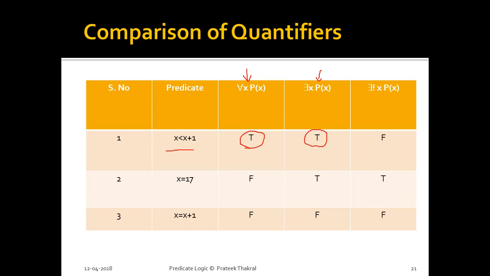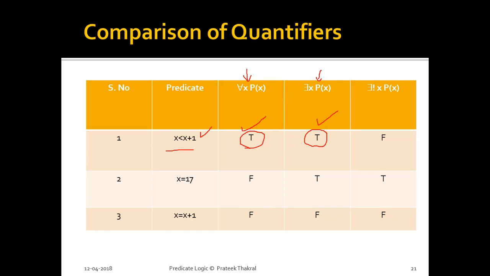Because universal quantifier says for all the values of x, this predicate will be true. So if any predicate is true for all the values of x, then definitely it will be true for some values of x, for at least one x.